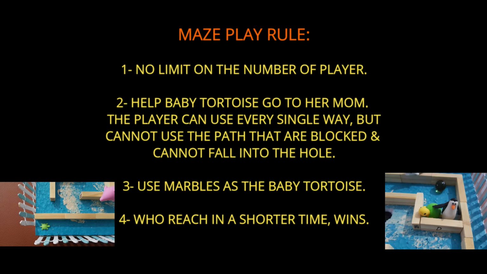There are some paths that have been blocked by certain animals, so the player cannot get through the path. The marble acts as the baby tortoise, so the player needs to play using the marbles. The player who can reach the mommy tortoise without falling into the hole wins. The player with the shorter time will win.